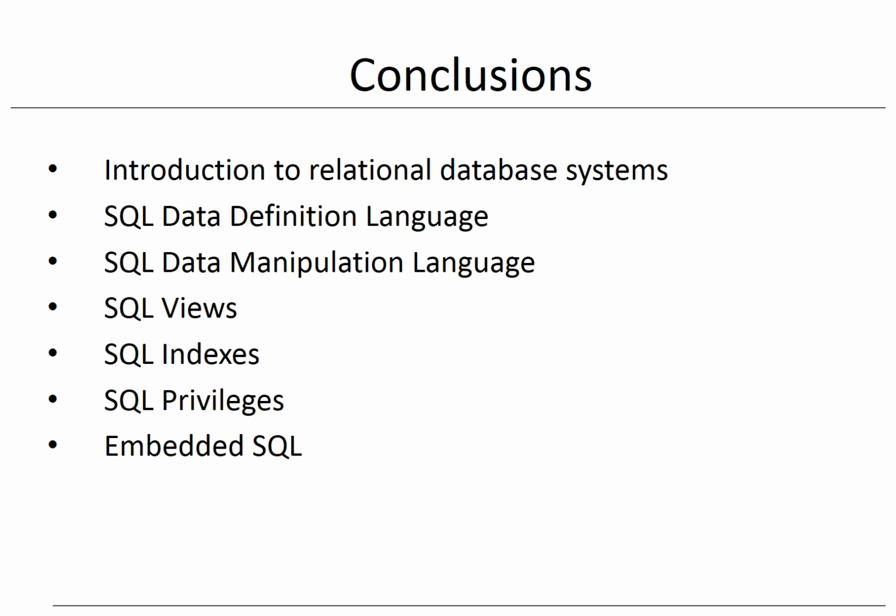To conclude, in this chapter, we started by providing an introduction to relational database systems. We then discussed the data definition language part of SQL. This was followed by extensive coverage of SQL DML, or data manipulation language.